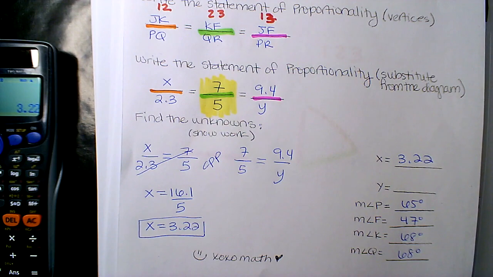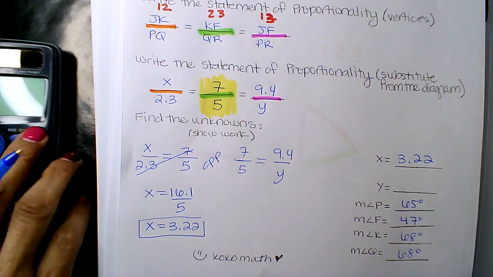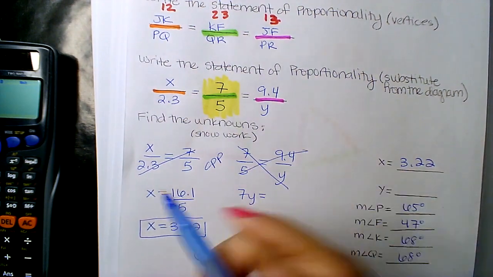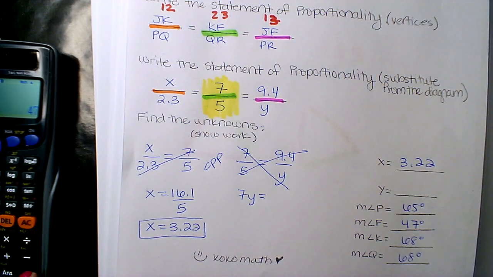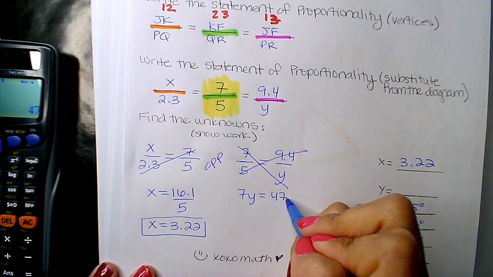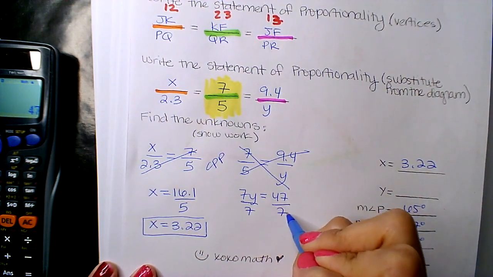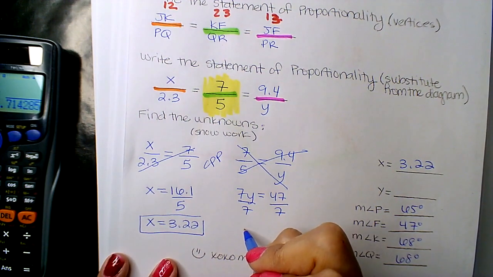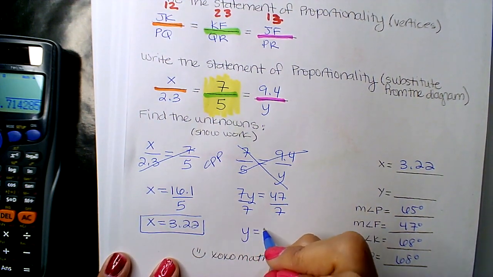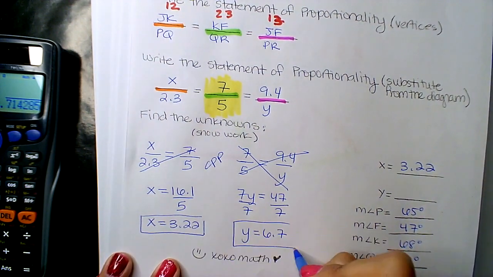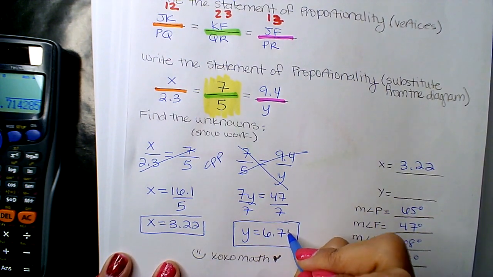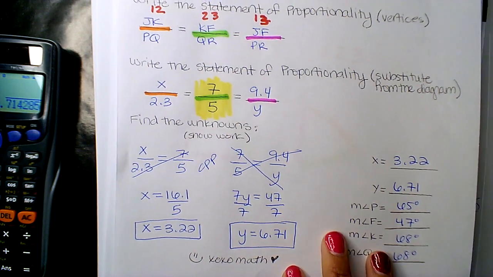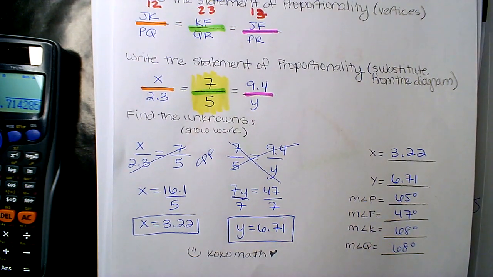Now y. Okay, so y. 9.4 times 7, divided by 5. And so that's why we covered the cross product property for the last test, because it's how you're going to solve. If you want to do 7 or 7-1, it's up to you. You can give me a tenth or 100th. It's up to you. And that's it.